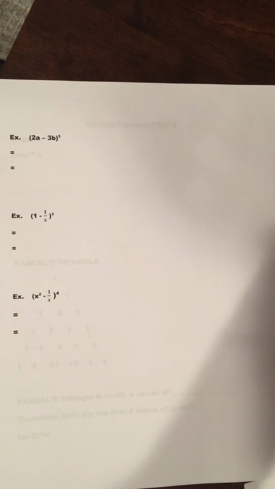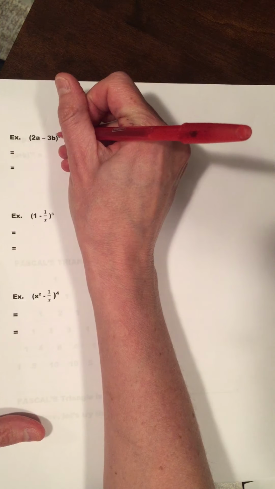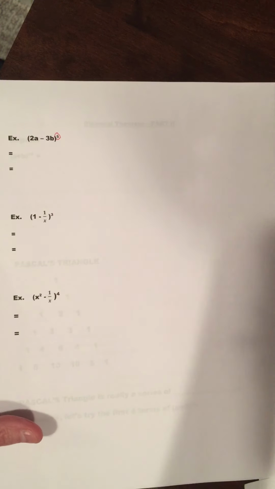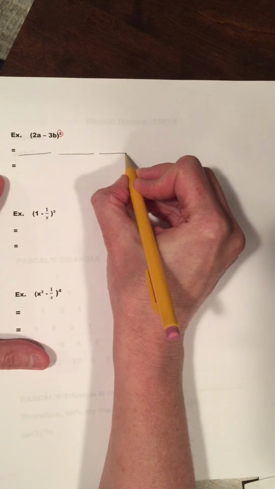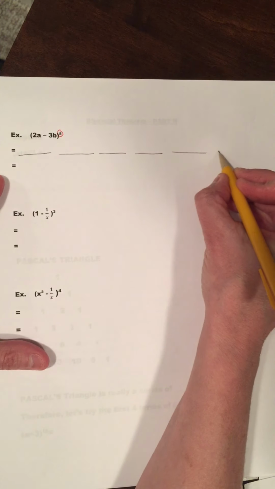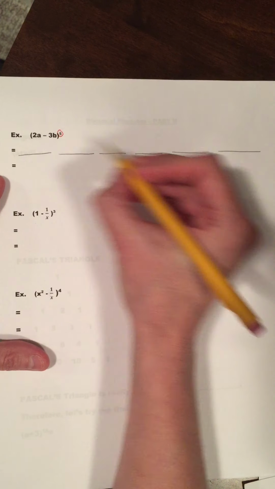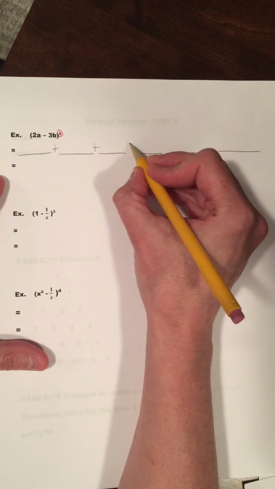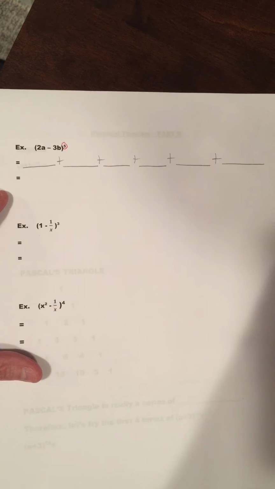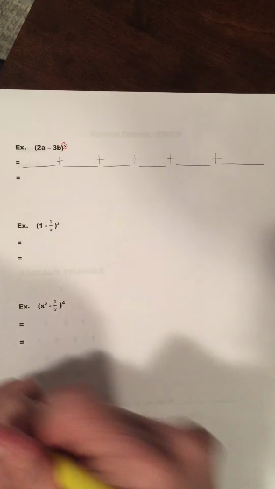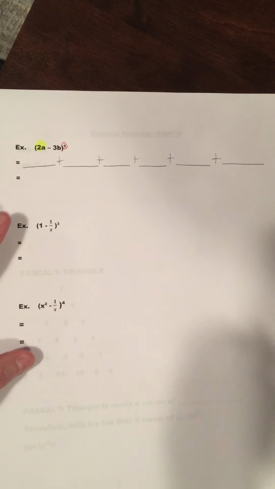Okay, so first thing that I see, exponent of 5. Exponent of 5 tells me 1, 2, 3, 4, 5, 6 terms. I'm going to put my pluses. Now, my first term is 2a, the whole entity.